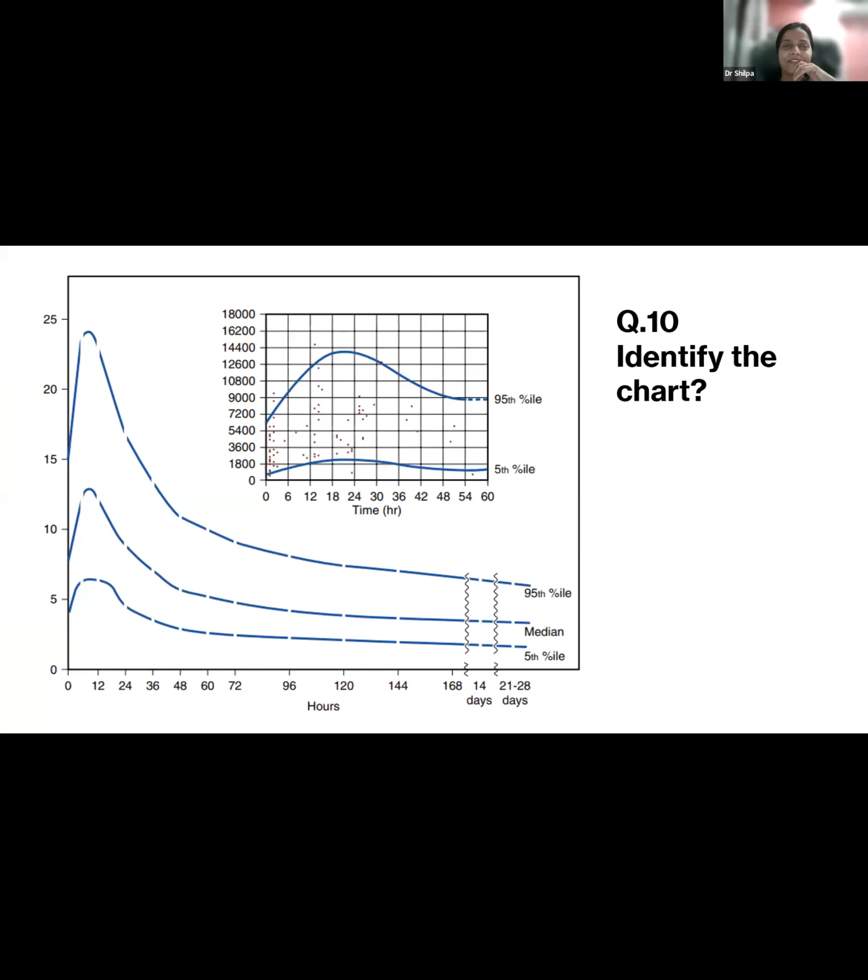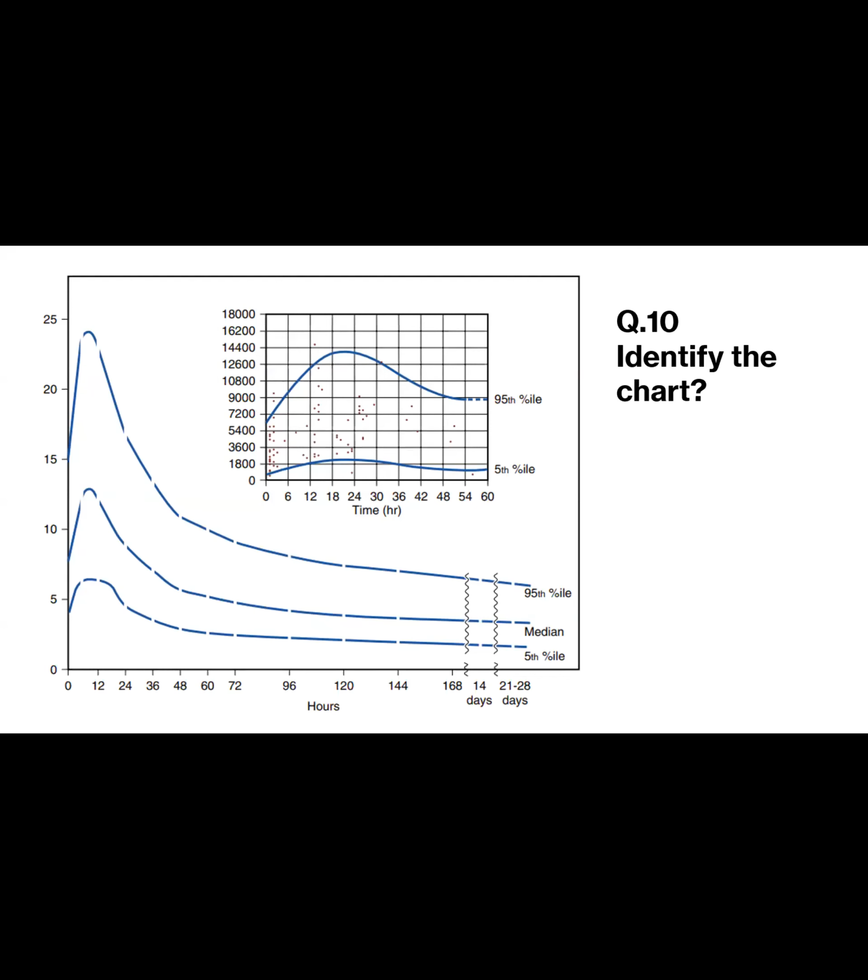Okay, now identify these charts. Look at this, left side, right side, x-axis, y-axis, percentiles. Last question. Good, the children are answering.